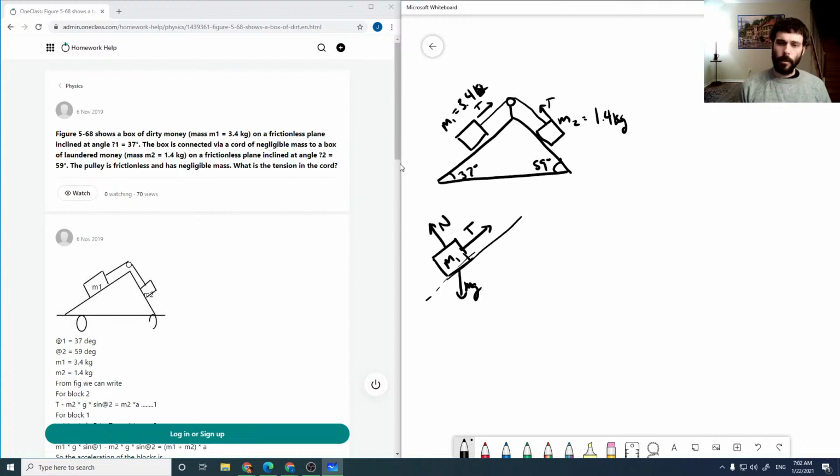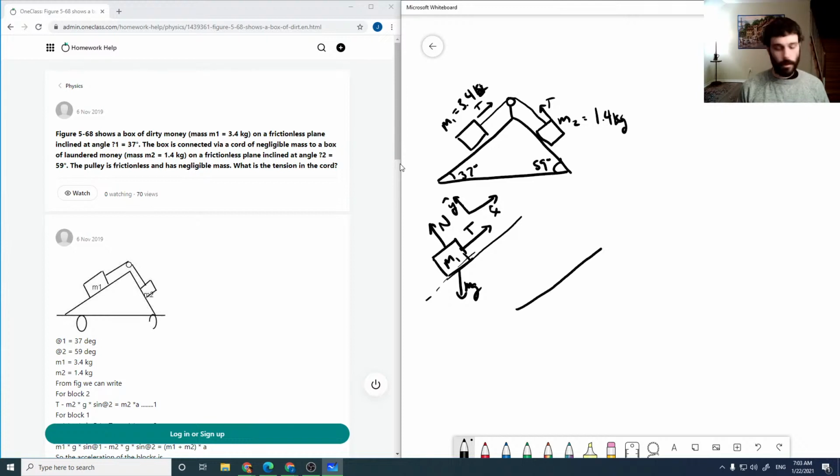surface. And I'm going to go ahead and define my axis system as running along the surface. So there's my x and my y. And so the tension is going to be completely in the x direction here, but we just need to decompose our mg force.